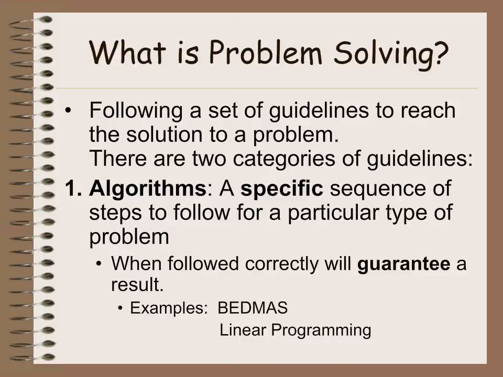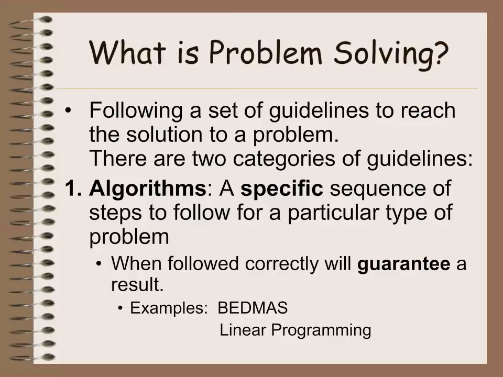And now that we know what a problem is, we need to know how to solve the problem. So in order to solve a problem, you have to follow a set of guidelines to reach the solution. And there are two different types of guidelines that you can have. The first is called an algorithm. An algorithm is a specific sequence of steps to follow for a particular type of problem. And when you follow those specific steps, you will always guarantee a correct result, assuming that you follow those steps properly.